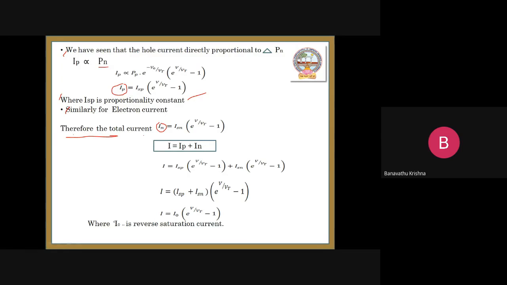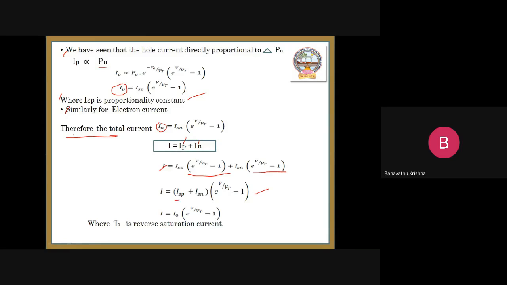Substituting these values, we get total current I equal to ISP into e power V by Vt minus 1 plus ISN into e power V by Vt minus 1. The common term is e power V by Vt minus 1, so taking it common, I equal to ISP plus ISN into e power V by Vt minus 1.